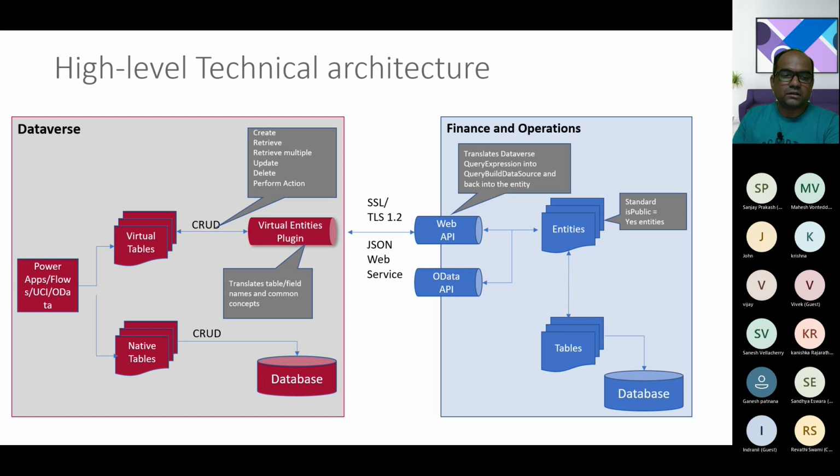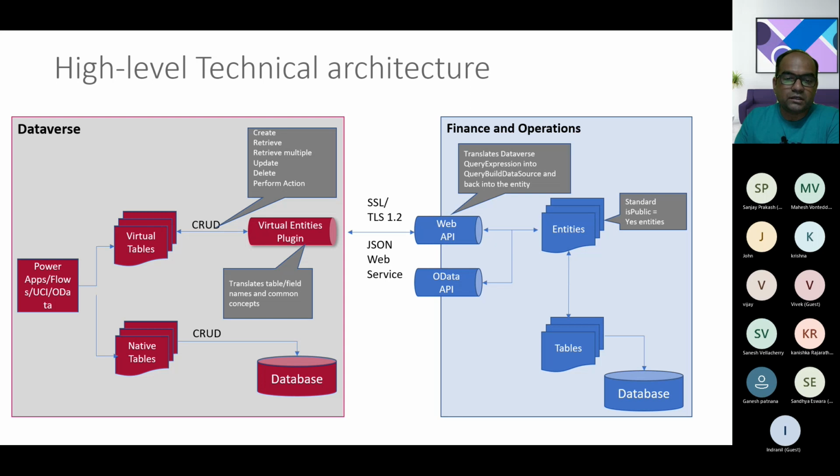As you can see here in the Dataverse section, there are two types of entities that you would see in the Dataverse. One is the virtual table, and the other is the native tables that come with the Dataverse, right?